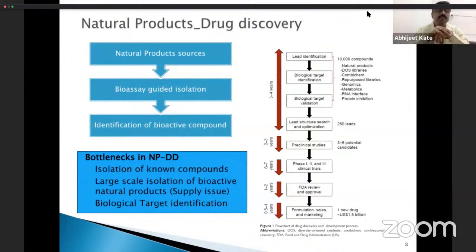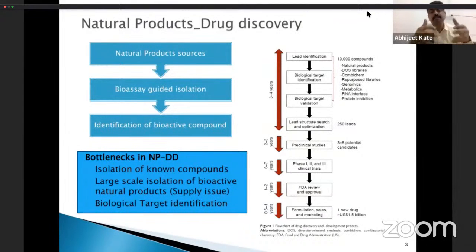Now, the first challenge I am highlighting here is the isolation of known compounds. What I mean by known compound is that, suppose in India, in our lab, let's say, we have isolated a compound from plant XYZ.